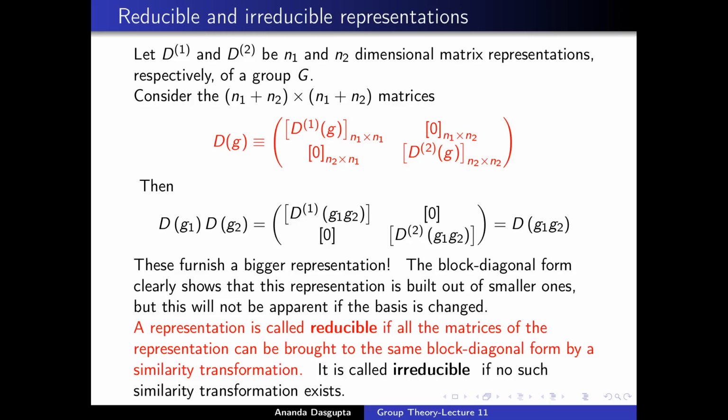Thankfully, there are results in group representation theory, which we will discuss over the next few lectures, which will make it easy for us to judge algorithmically, given a matrix representation, is it reducible or not? And not only that, also tell you exactly what smaller representations it is made up of, and in fact, with a bit more effort, also tell you exactly what kind of change of basis or similarity transformation to carry out so that this reduction will be obvious to everybody.